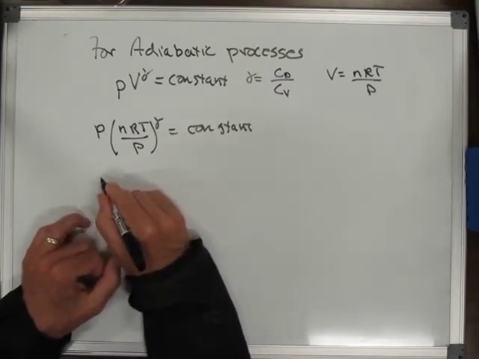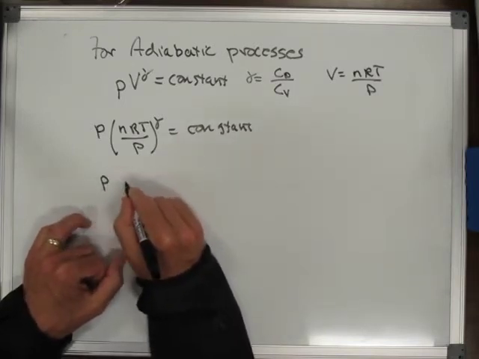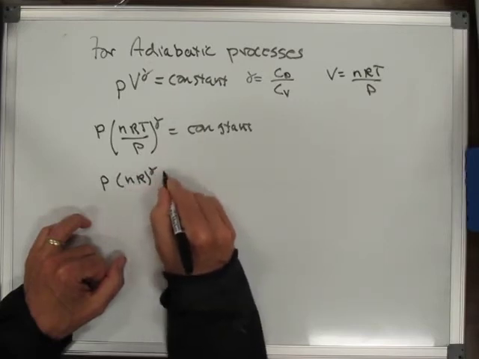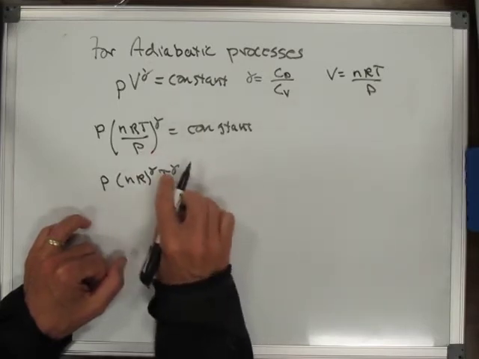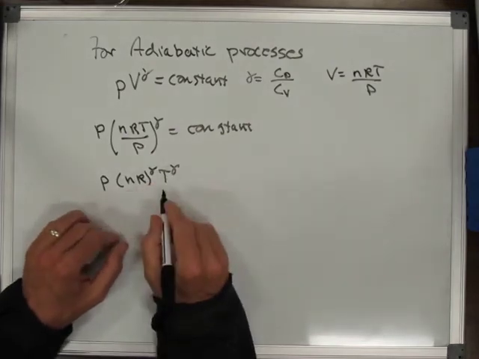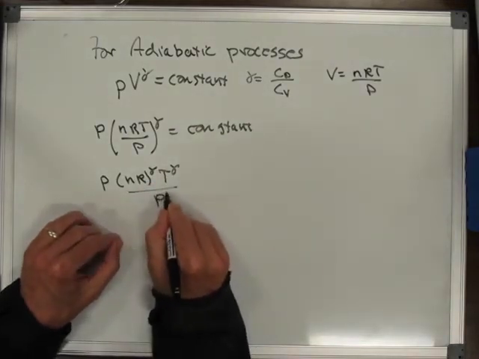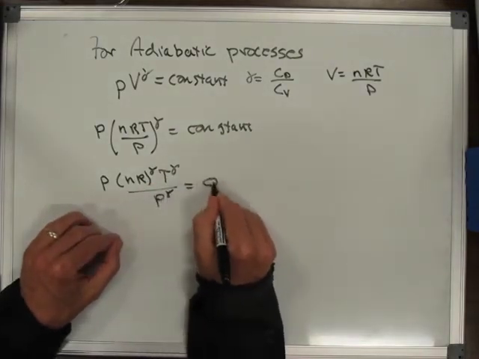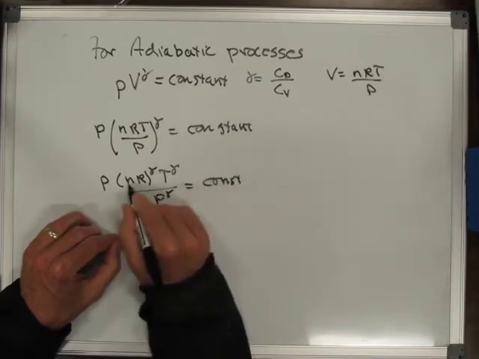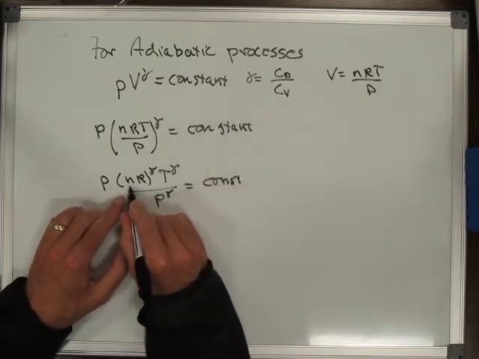And this becomes P times nR to the gamma, T to the gamma. I could have had nRT all to the gamma, but I wanted to separate these out, over P to the gamma is a constant.